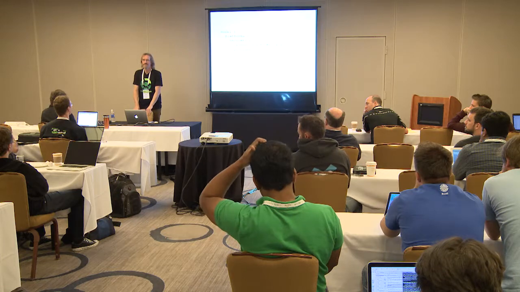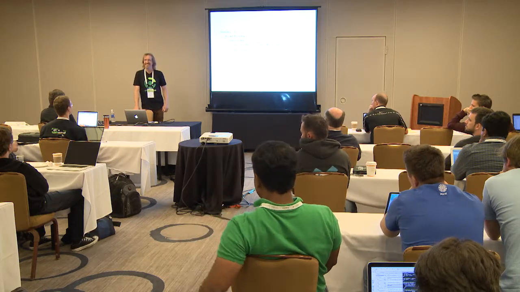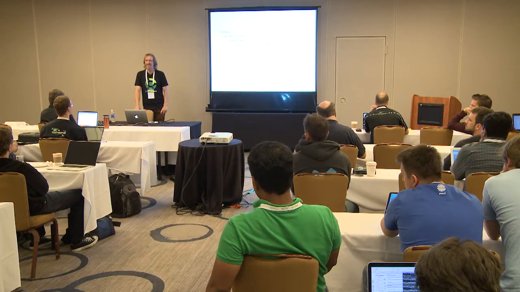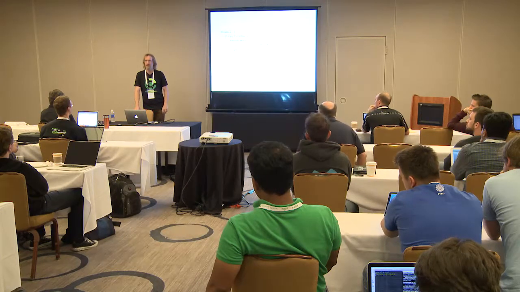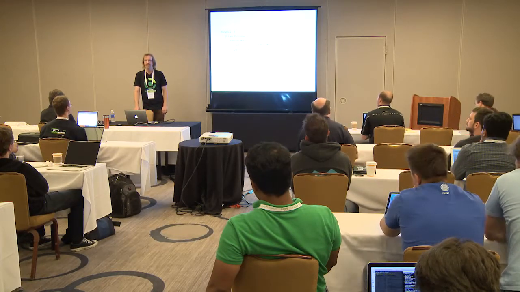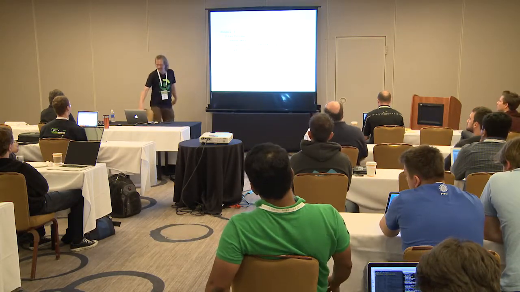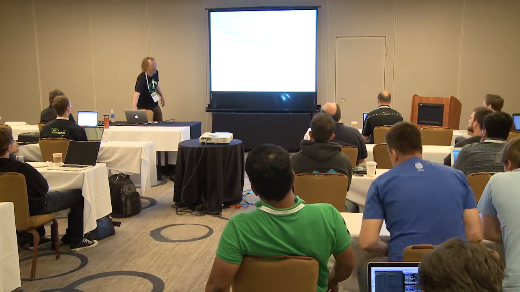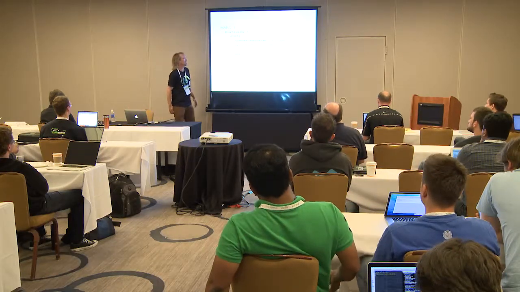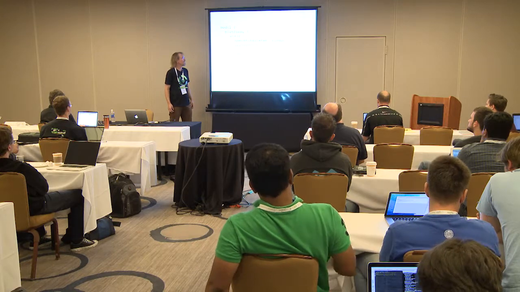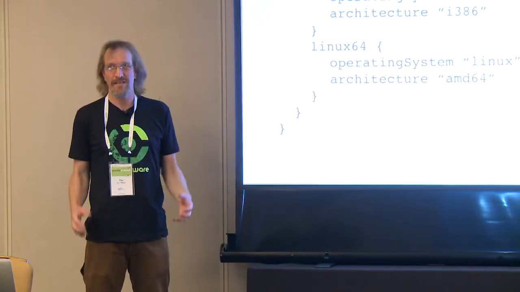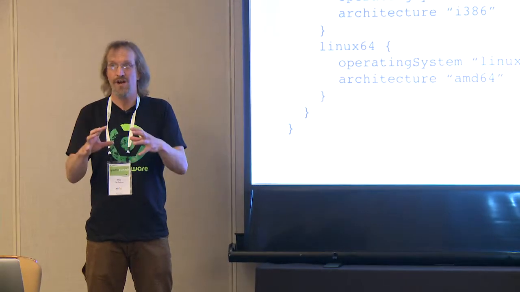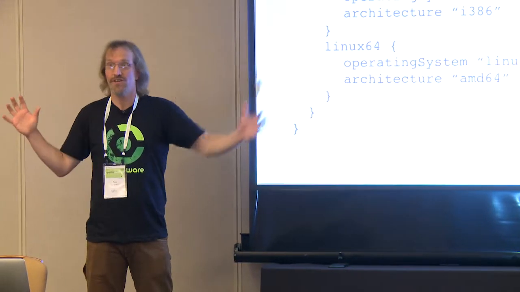Right now there's a fixed set of architectures and operating systems. It's just a limitation at the moment. The way we've modeled these, I described how we tried to model everything and it got really complicated.